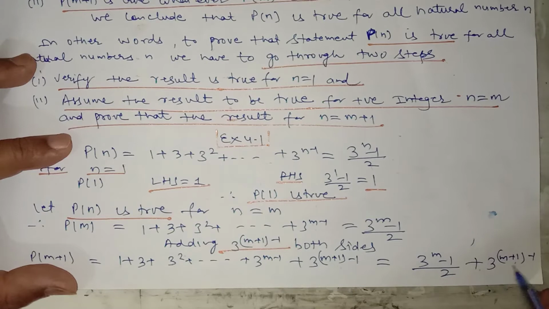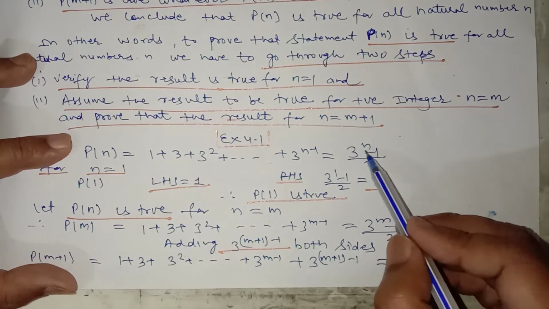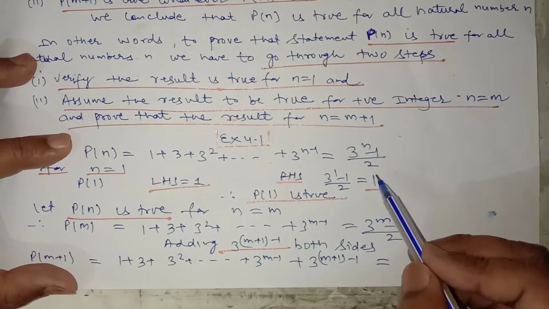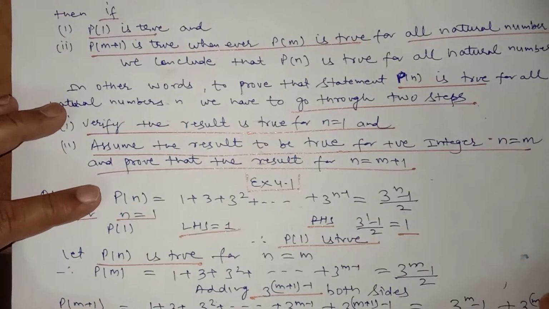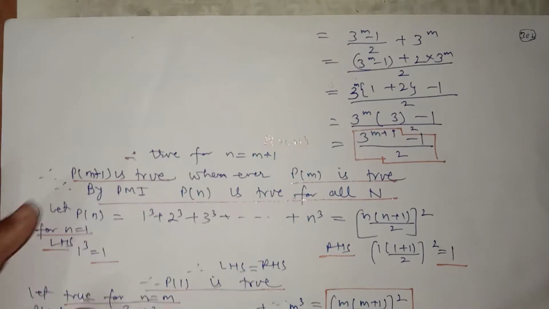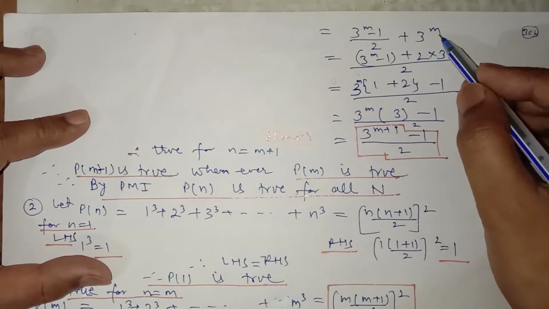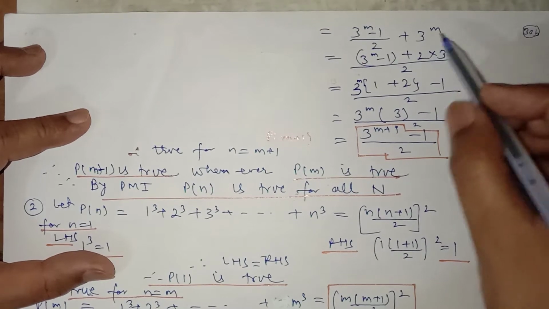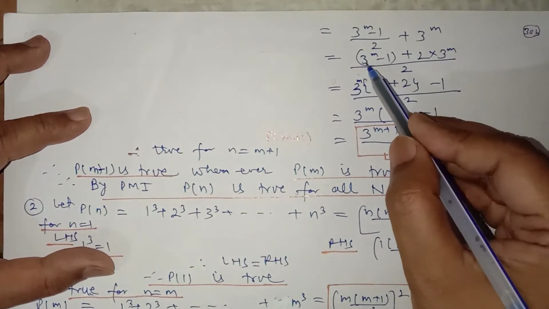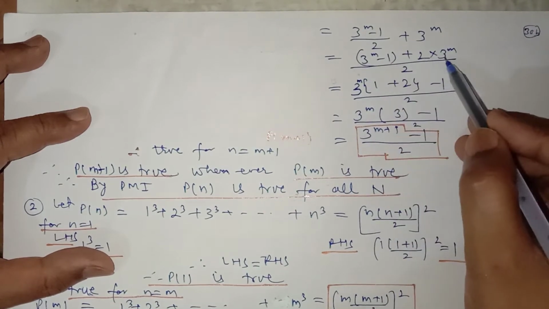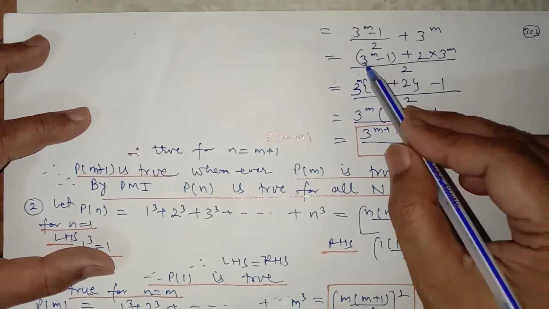So by solving this, you must obtain 3 raised to power m plus 1 minus 1 upon 2 on the right hand side. So you have to simplify only the right hand side. Now simplify it. 3 raised to power m plus 3 raised to power m plus 1 minus 1. You add these two terms, and what you are seeing is that 3 raised to power m and 3 raised to power m are the two like terms.